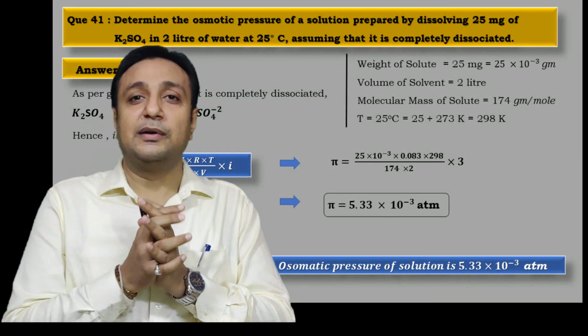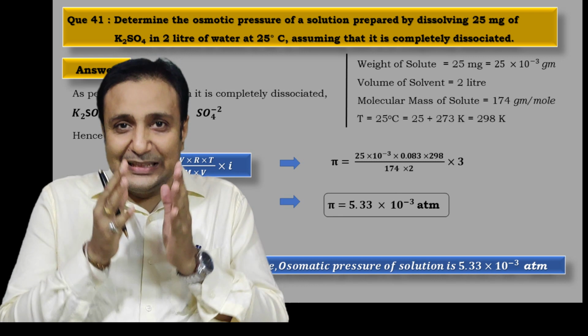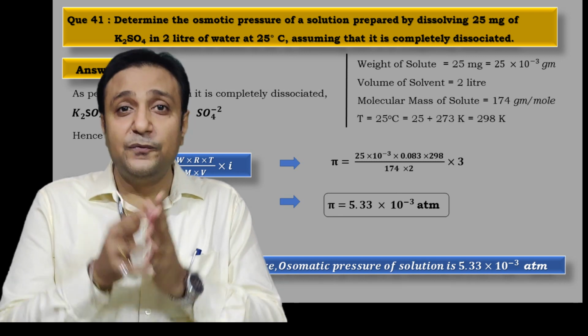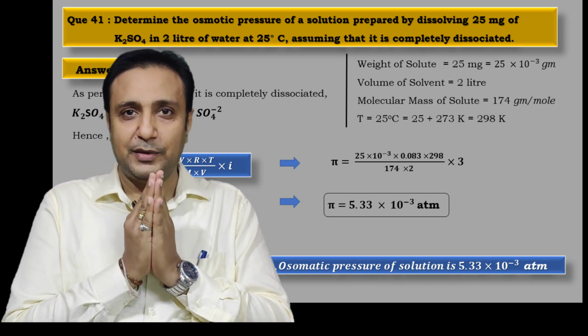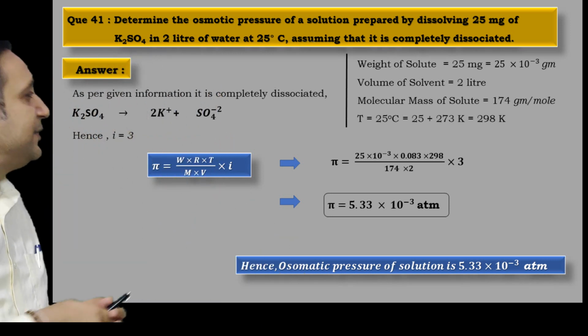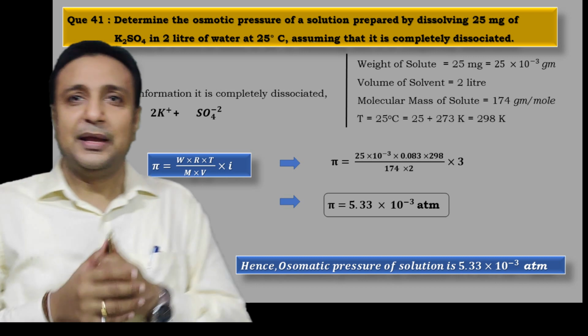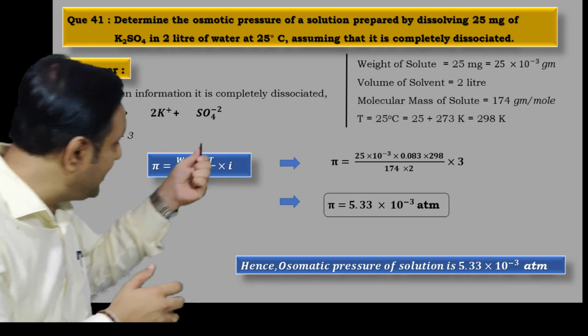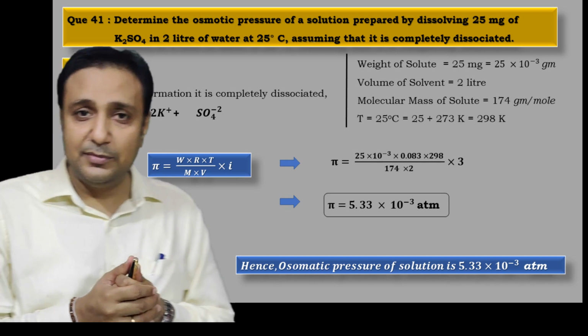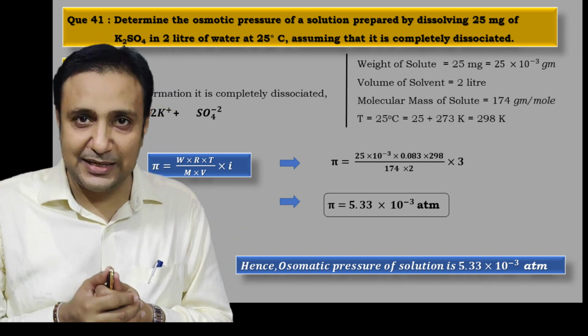Question number 41. In this numerical, we want to calculate the osmotic pressure pi. First of all, what have they given? They have given the weight of the solute, that is 25 milligram. So 25 milligram is converted into gram by multiplying by 10 raised to minus 3.